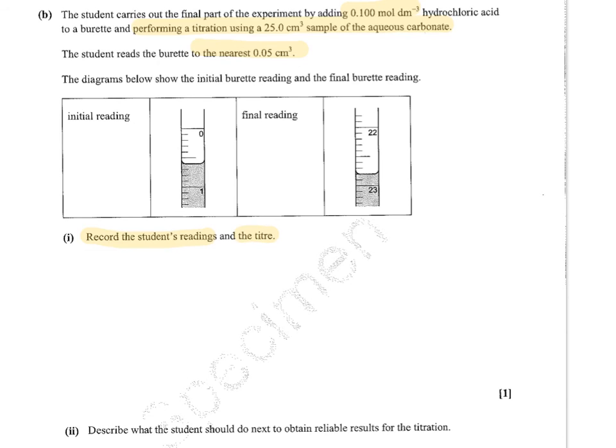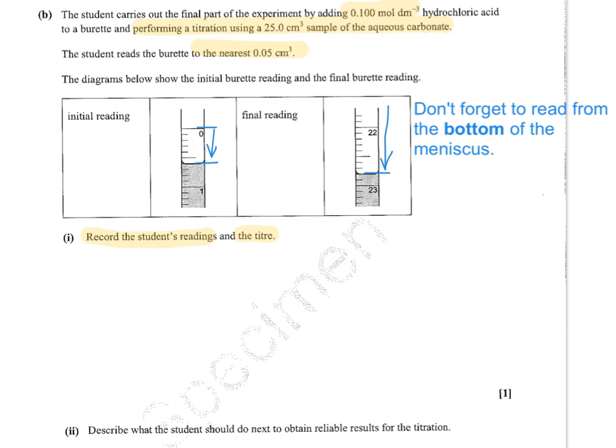So remember, when you're looking at a burette, if you recall, we use the bottom of the meniscus, don't we? So if we have a look at that, we can see that on the first reading, which is there, we're reading downwards from 0, and in this one here, final reading, we're reading downwards from 0 again.